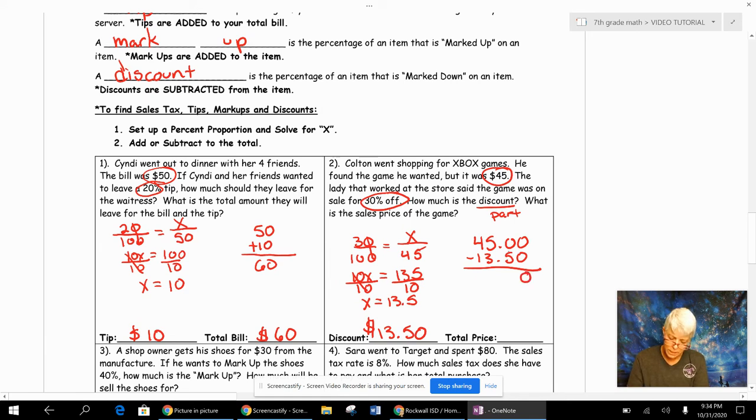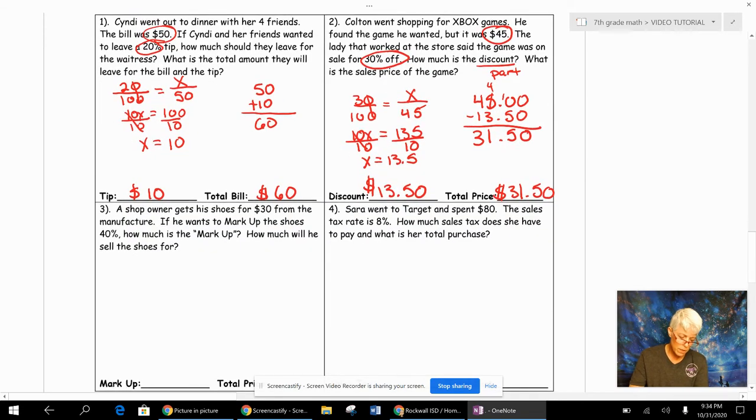So 0 minus 0, I'm going to borrow. 4 minus 3 is 1. 4 minus 1 is 3. The total price for Colton will be $31.50. So far, tax, tip, I added; a discount, I subtracted.